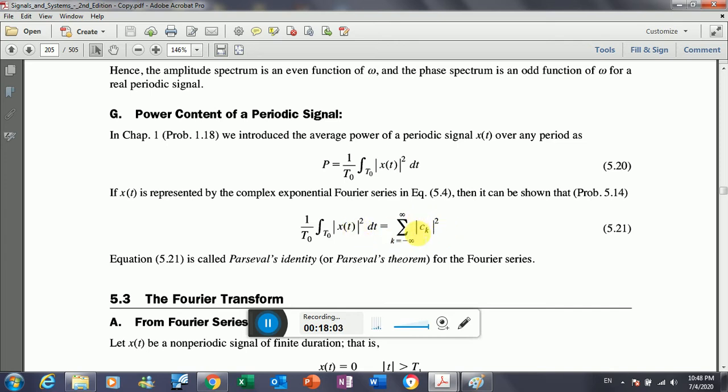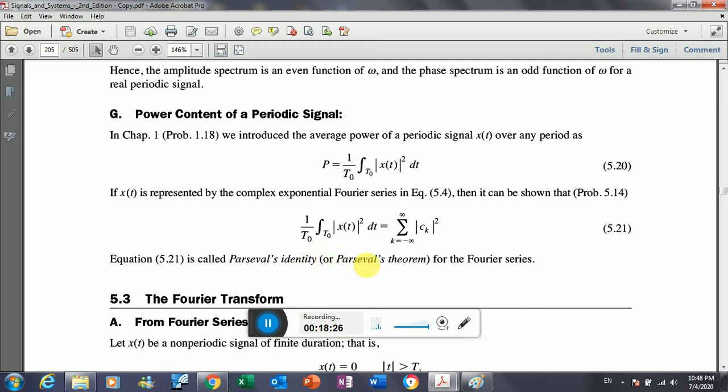यानी अगर हमारे पास Fourier series coefficient given हो तो हम सिग्नल की पावर जो है वो हम इस फार्मूले से कैलकुलेट कर सकते हैं. This is the formula for calculating power spectral density of a signal if complex Fourier series coefficients are given.